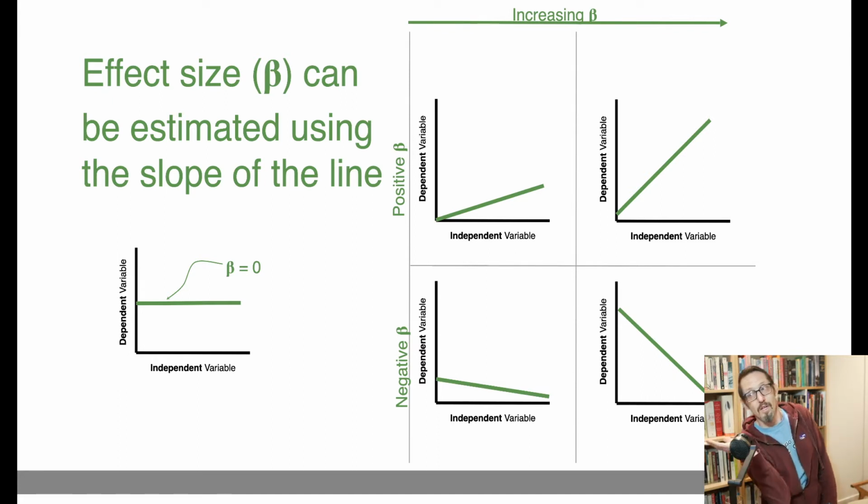And this one is a barely negative effect size. So the slope's magnitude, the slope's absolute value, is what matters in determining effect size. The positive and negative component just tells you which direction the relationship is, just like with the correlation coefficient.